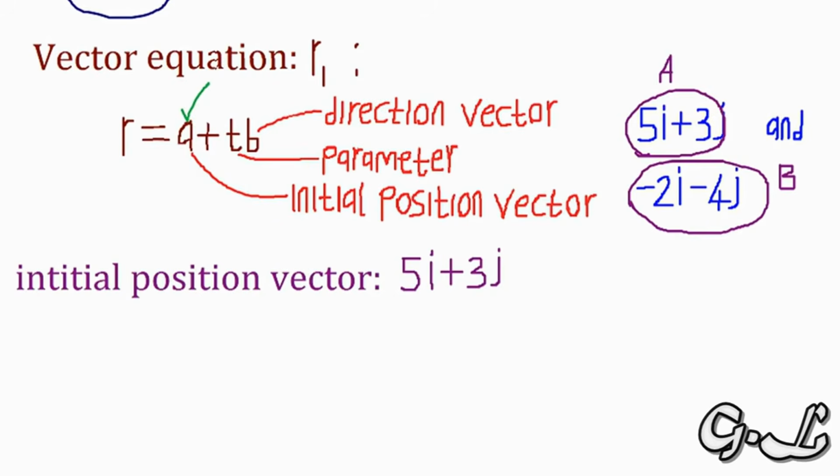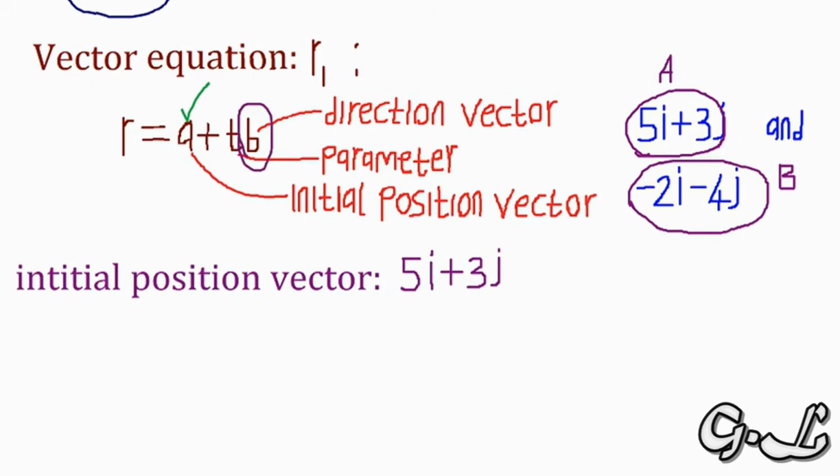You're supposed to choose the position vector which you like, but you need to keep in mind that this initial position vector is going to affect your direction vector. So you can pick A or B, but in this tutorial, we're going to pick this one, which is 5i plus 3j. That is one thing that you need to keep in mind.